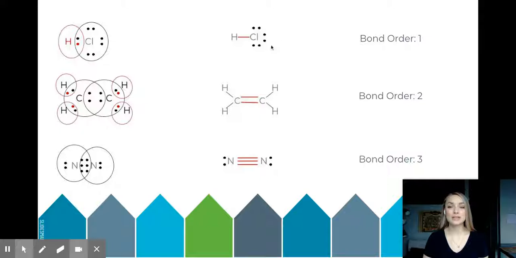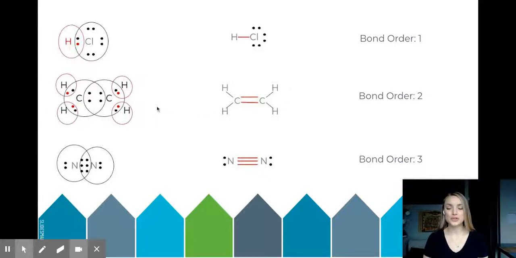We can also depict that same single bond between the hydrogen and chlorine with a single line. However, if we are drawing a Lewis symbol, it is correct to include all of the lone pairs, which is why hydrogen is all by itself with the line, the bond connecting it to chlorine, and 3 lone pairs of electrons around chlorine.